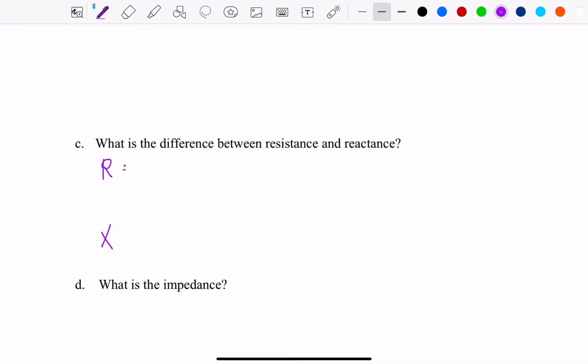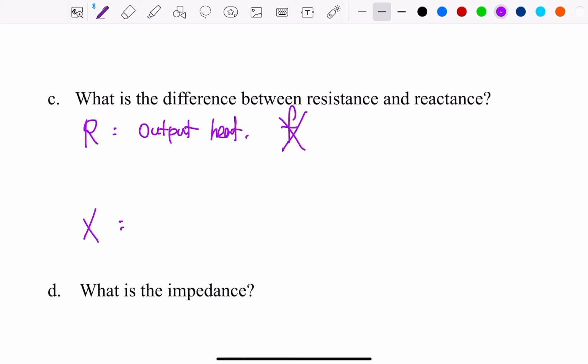So, the kind of output of the resistance is heat. Okay? And there's no effect with frequencies. However, reactance arises from the presence of reactive components like capacitors and inductors.